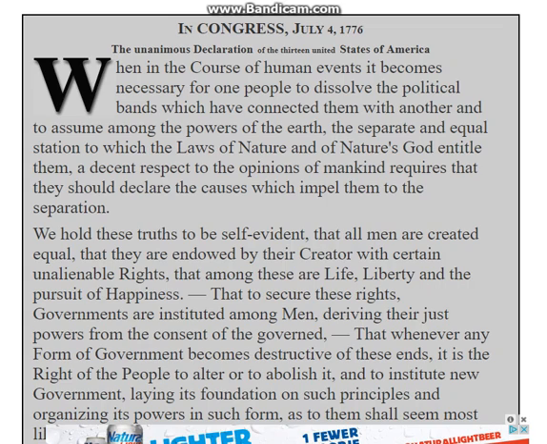Since about the 1600s, when the British had really started colonizing America, the British had allowed a degree of self governance for the colonies.